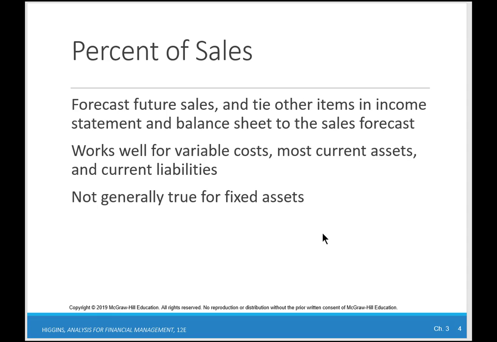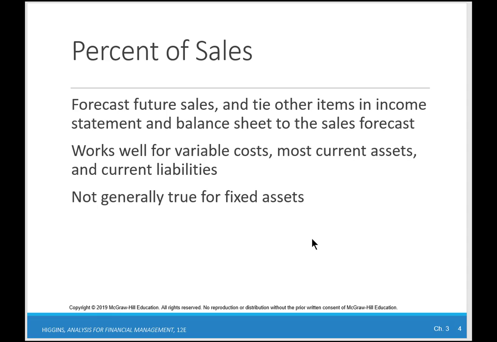This overall process is something called the percent of sales process. We're going to forecast sales, and we know from looking at our statements that there are some assets that fluctuate with sales very closely. Accounts receivable, cash.